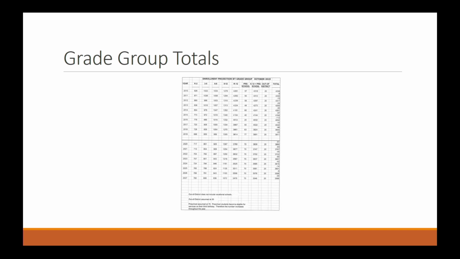In 2010 versus projection for 2020, in K through 2, we will be down 209 students from 2010 to 2020. But if I look at the high school, we're going to be up. Where are they going to come from to get us up?